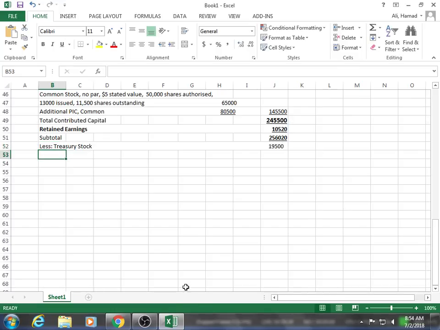So 256,020 minus 19,500 is 236,520, exactly. This is your total stockholders' equity.